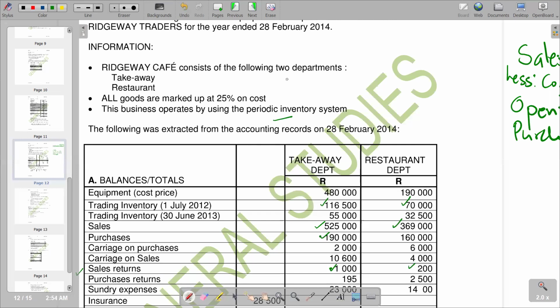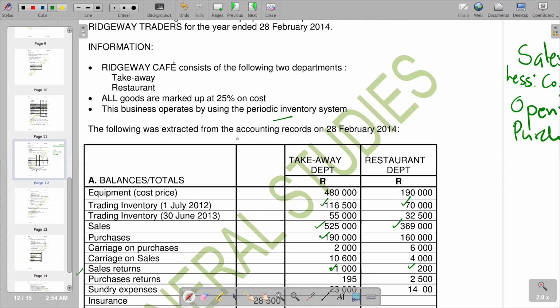There are two inventory systems: the perpetual inventory system and the periodic inventory system. In the periodic inventory system, movement of inventory is recorded in the purchases account, but in the perpetual system, it is recorded in the inventory account. In this case, we're using the periodic inventory system, so we are going to record that movement in the purchases account.